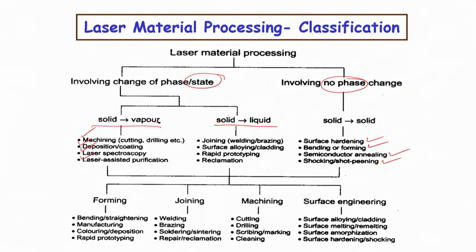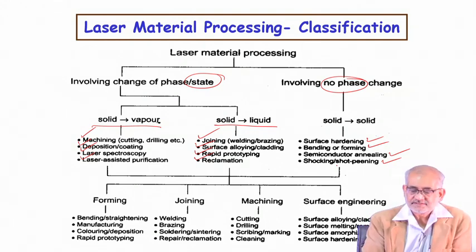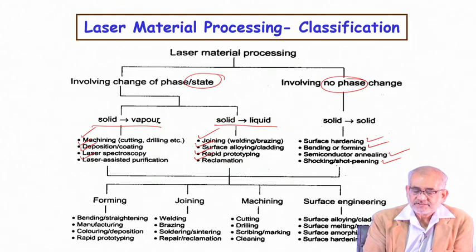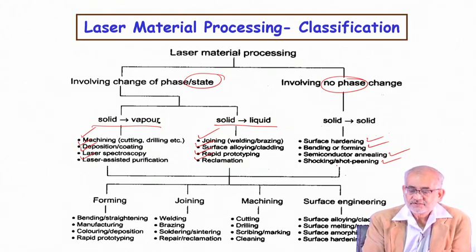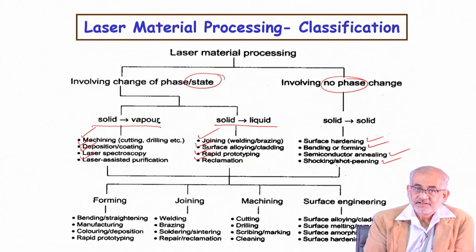If it's only heating up to the melting temperature or above, but not crossing the boiling temperature, then we are talking about various types of joining, surface alloying, cladding, rapid prototyping, direct manufacturing, reclamation, and so on. On the other hand, as I already mentioned, within the solid we can do hardening, bending, forming, various applications. So if you mix them together, and don't worry about any change of state, whether a change of state occurs or not, essentially we are only worrying about the possibilities of engineering applications.